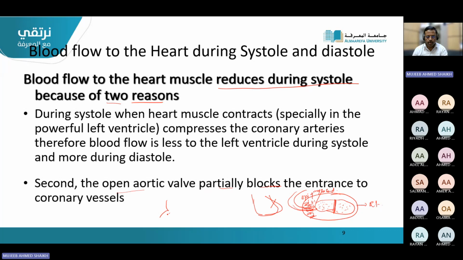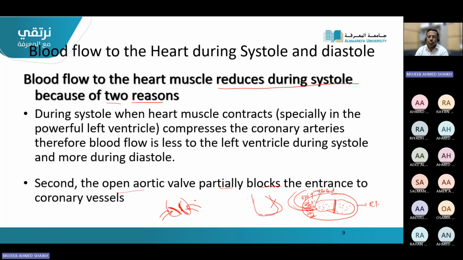Suppose this is the coronary. I will draw it again here. This is the entry of the left and right coronary artery, and an open valve means it will open like this, partially blocking this area.